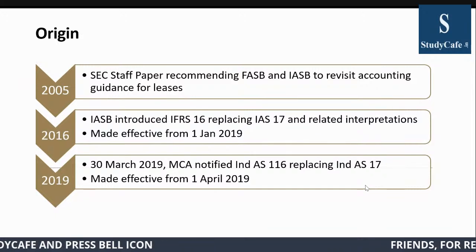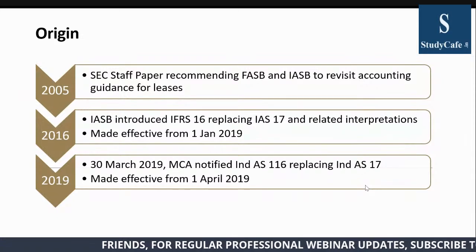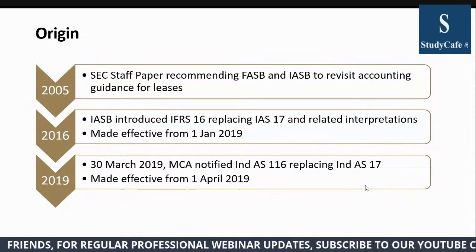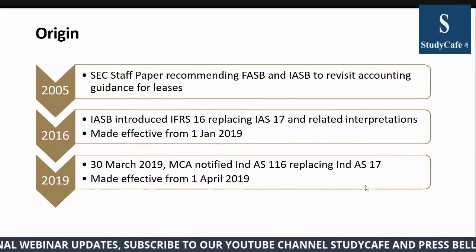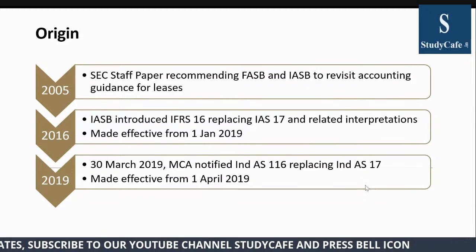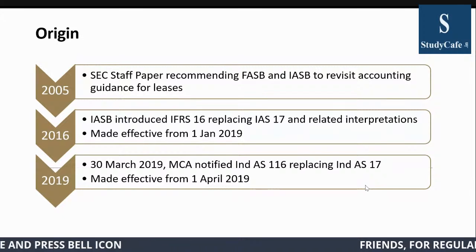There was the standard Ind AS 17 on leases. As per Ind AS 17, the leases were required to be classified into two parts: finance lease and operating lease. In a finance lease, the lessees were required to reflect an asset and a liability on their balance sheet.